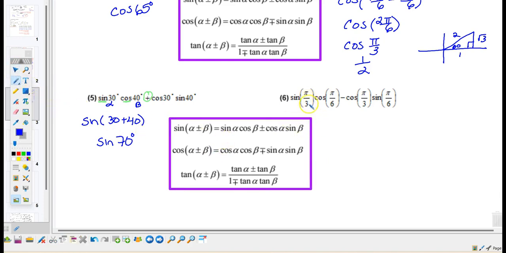Now, for number 6, pi over 3 and pi over 6, they're already my special angles. But let's simplify first, because then that will be less work to do to get our triangles. That goes sine, cosine, so that's here again. Minus is the bottom, so we're going to use the bottom. Here's the alpha and the beta.